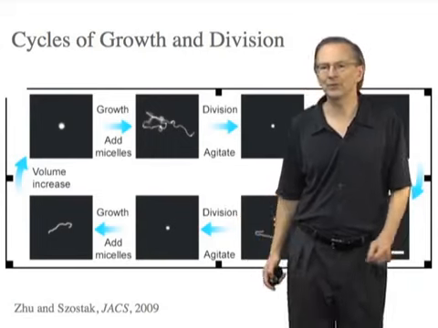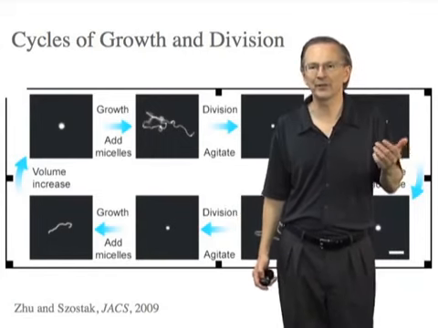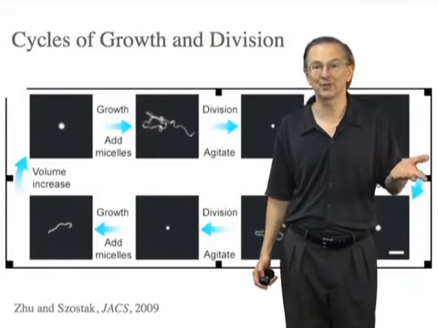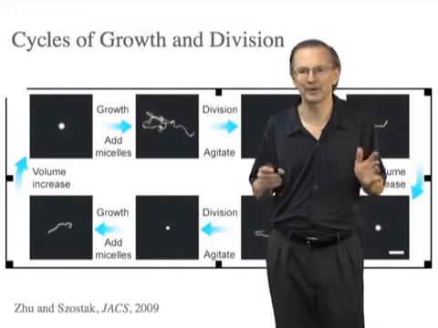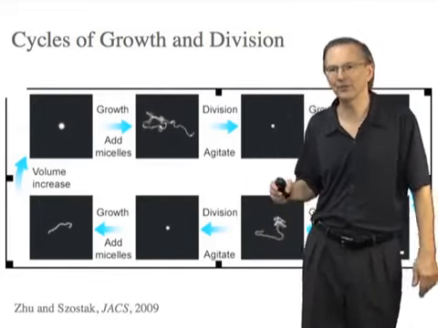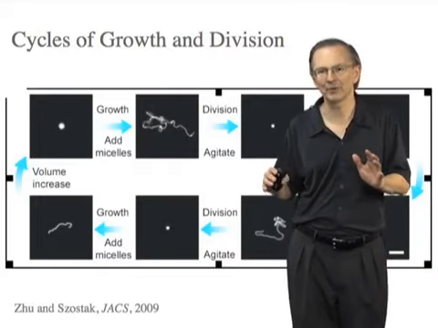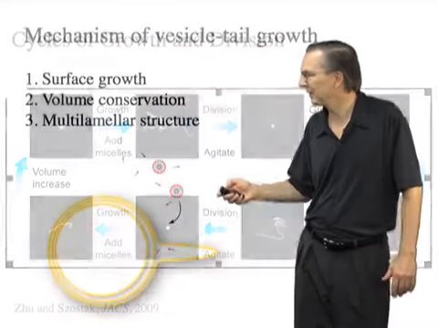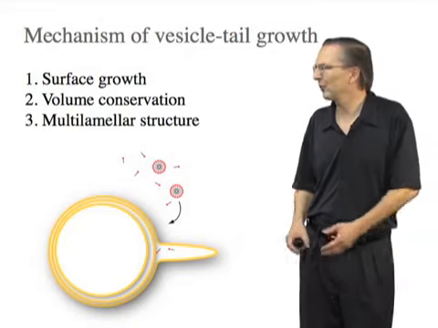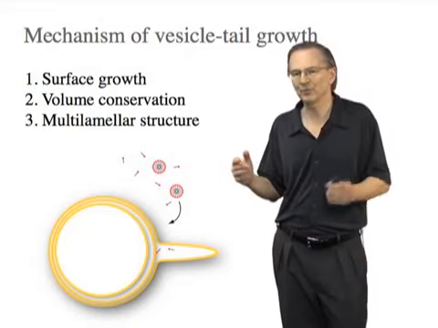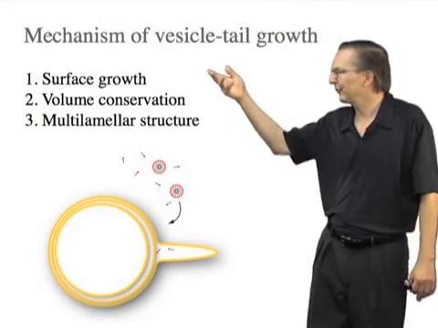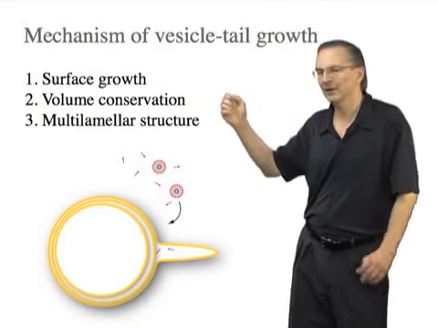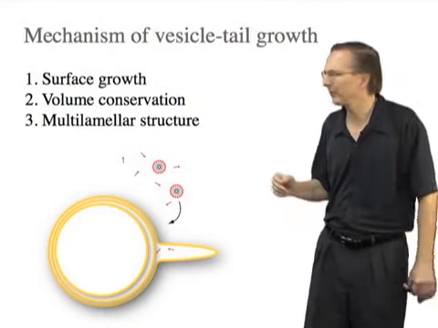Okay, so let's think for a minute about some of the mechanistic processes that are involved. We don't understand everything that's going on, but at least we have some experiments that tell us what some of the critical factors are. So what we think is going on is that surface growth is happening much faster than volume growth.